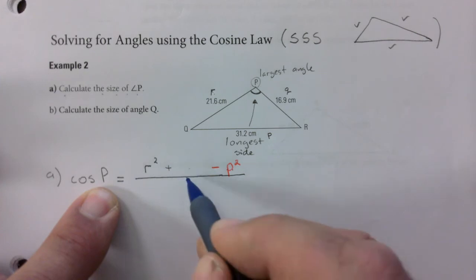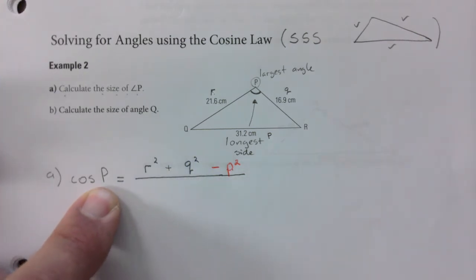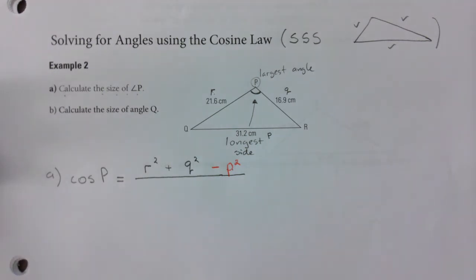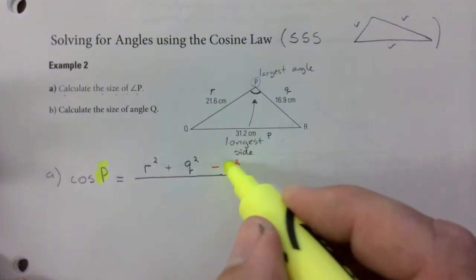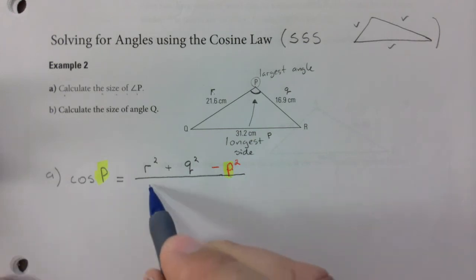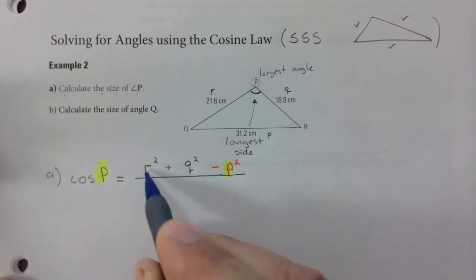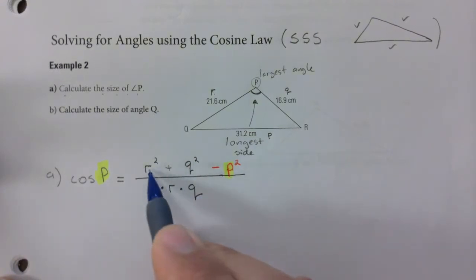R squared and q squared are going to be there. So all of them are squared, but you just got to make sure that these are across from each other. Okay? And then at the bottom, it's just 2 times r times q. Like it's these 2 sides showing up again.